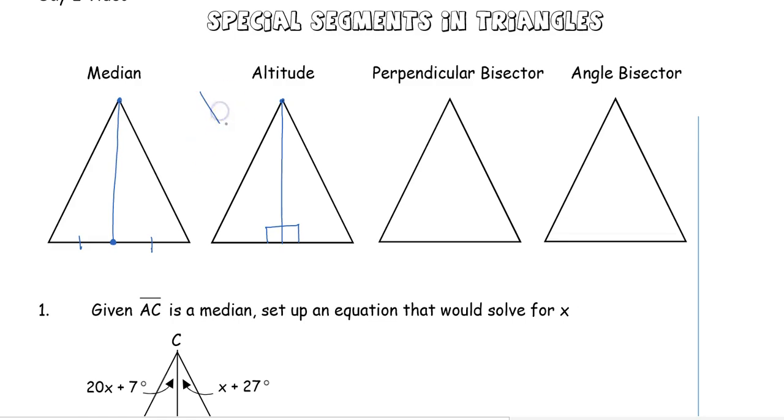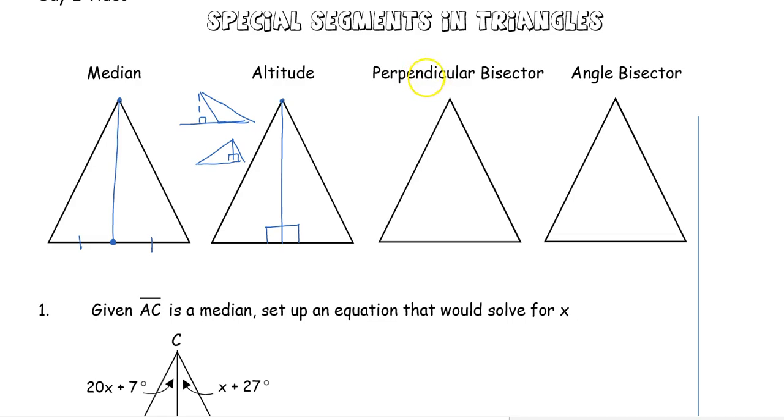If I had a smaller triangle with an obtuse angle, my altitude would be coming on the outside. If I have a triangle that's off center a little bit, my altitude will be coming down here. So the key is for the altitude, you're dropping straight down to create that perpendicular relationship.